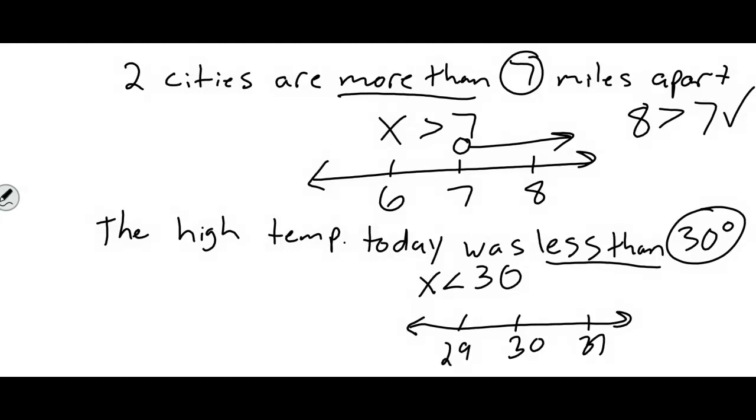How do I graph it? Cindy. Put an open circle over 30. Good. And then an arrow pointing to the left. Anything to the left of 30, not including 30, could have been a possible high temperature.